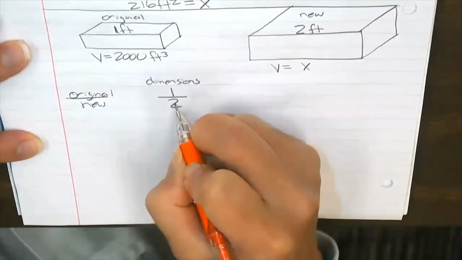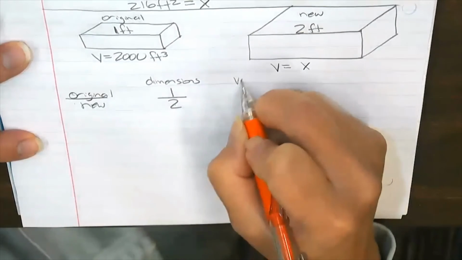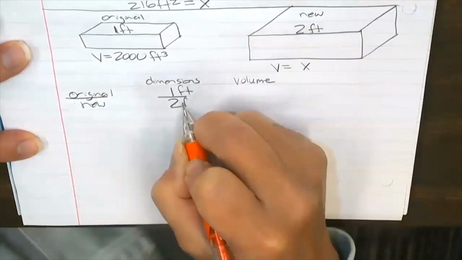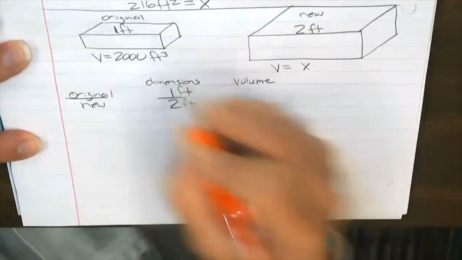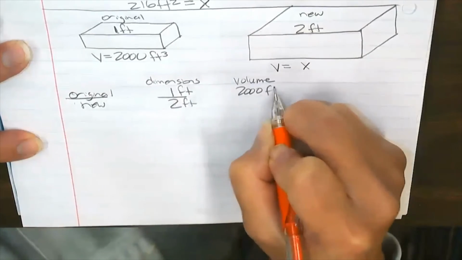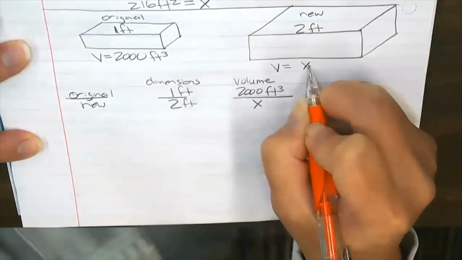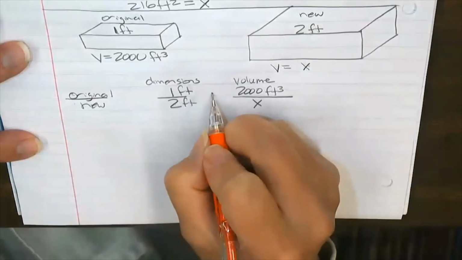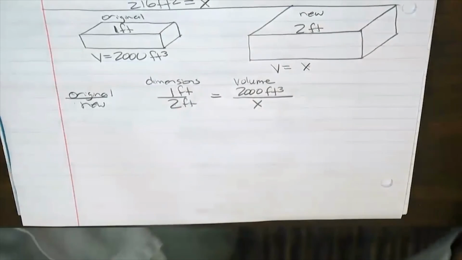We are doubling the original dimensions. And I'm going to use this to find the volume. So I have 1 foot to 2 feet. We're doubling the dimensions. The volume of the original is 2,000 feet cubed, and we need to find the volume of the new. Now, these are similar solids, so we should have equivalent fractions.